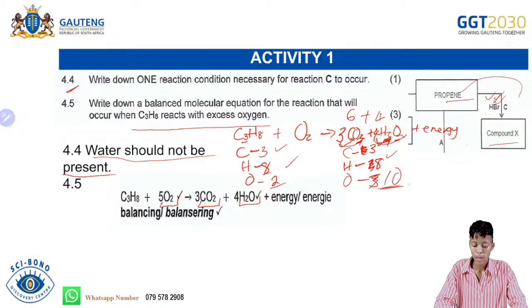So to balance them, since you have 10 on the right, you can put a big 5 on the oxygen. 5 multiplied by 2 gives a total of 10 oxygens. From there, you can double check that the carbons, hydrogens, and oxygens on the left are balancing with those on the right-hand side.